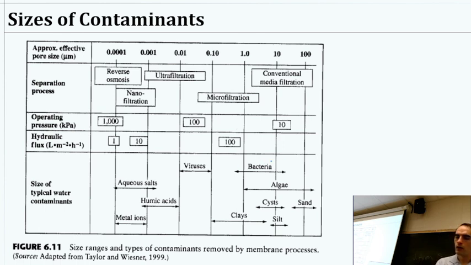So if we think about what a bacteria takes, that's going to take some sort of microfiltration. Most bacteria are about 1 micrometer or bigger, some maybe a tiny bit smaller.